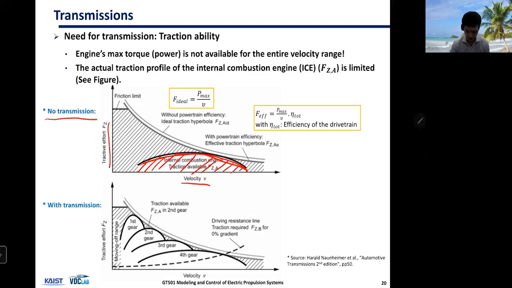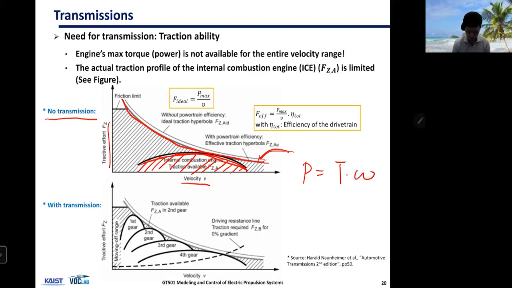But we are drawing this line because, in theory, this line is a constant power line. Power equals torque times omega.